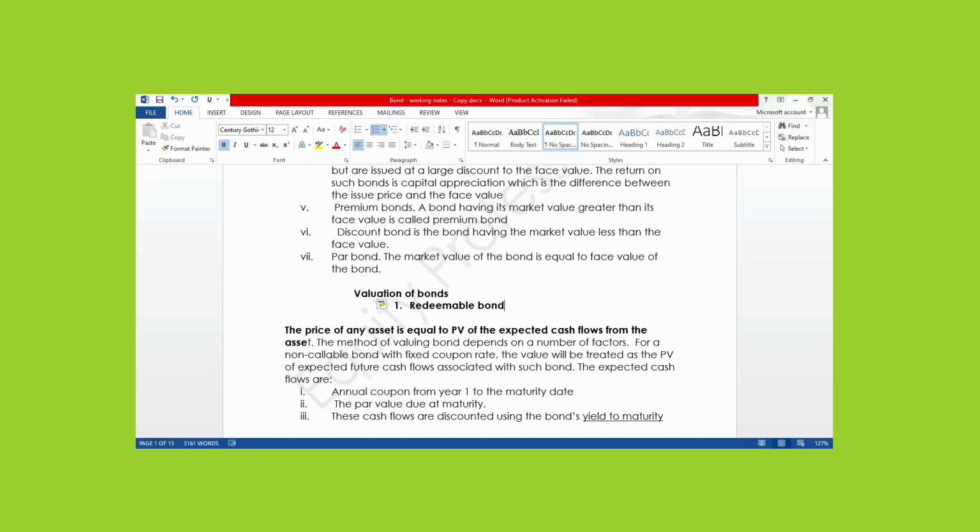The price of a redeemable bond is calculated as the present value of the expected future cash flows associated with such bond.